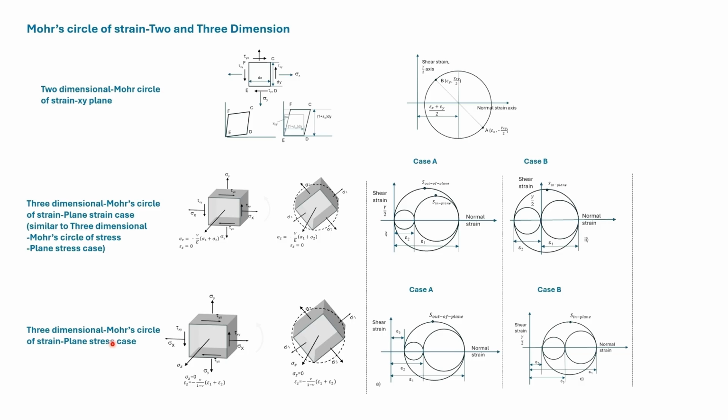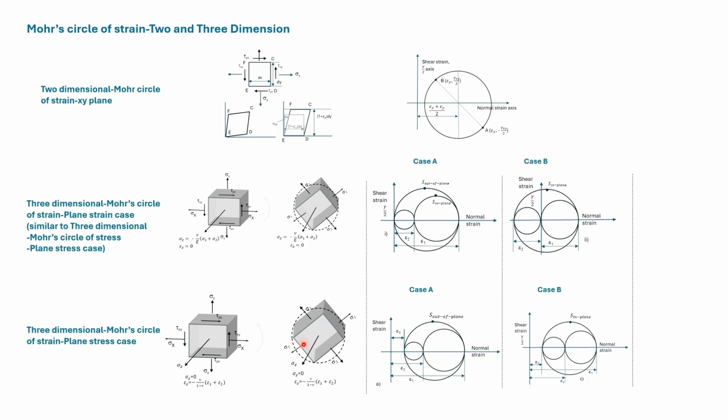Now let us look at three-dimensional Mohr circle of strain, the plane stress case. Plane stress means stress in one plane. So sigma z is equal to 0. That does not mean that epsilon z is 0.